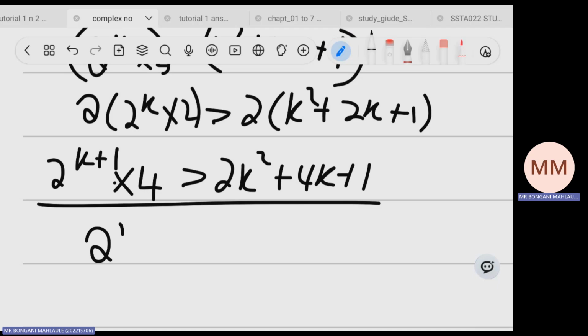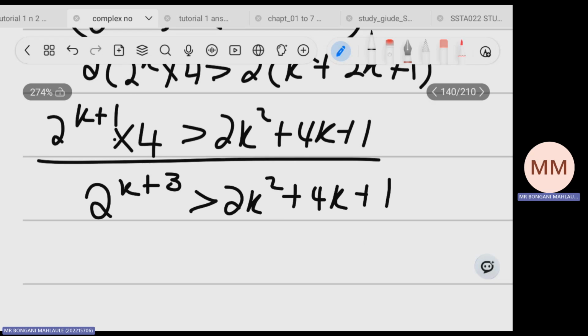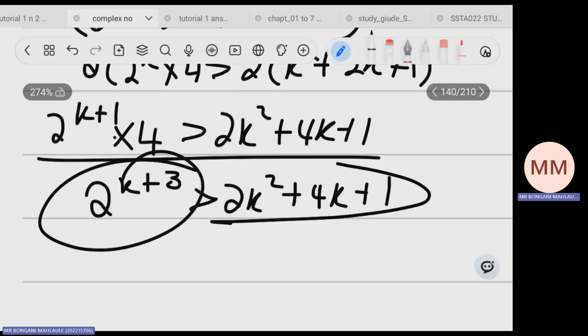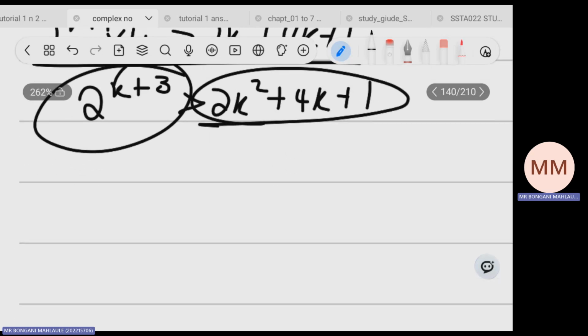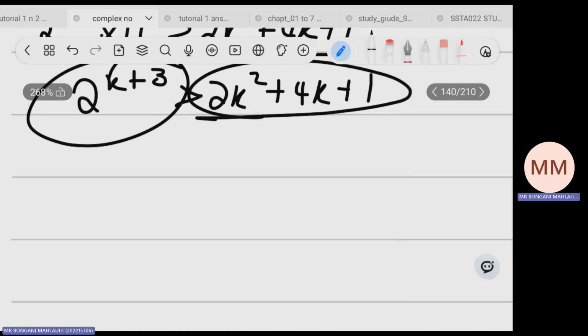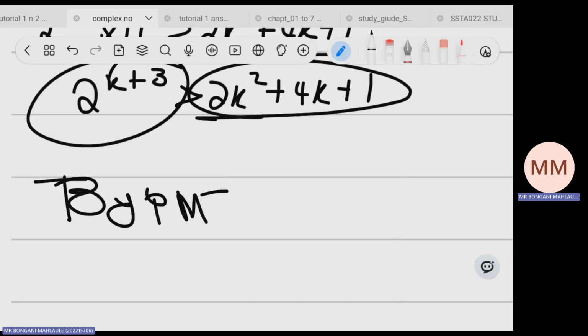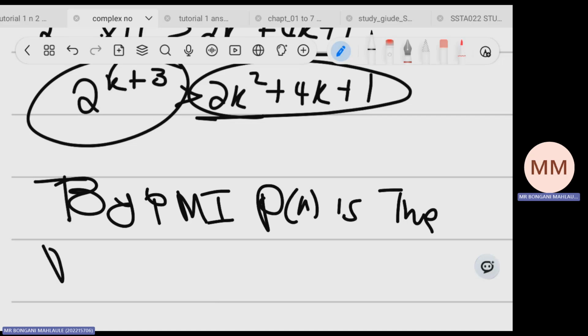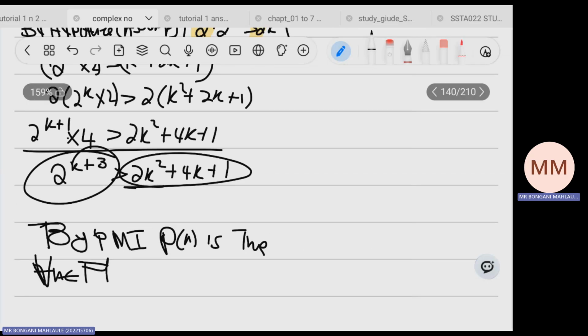This is just 2 to exponent k plus 1. So this is an exponential, this is a quadratic. So this is growing faster. So we can see that by the principle of mathematical induction, P of n is true for all n being an element of natural numbers.